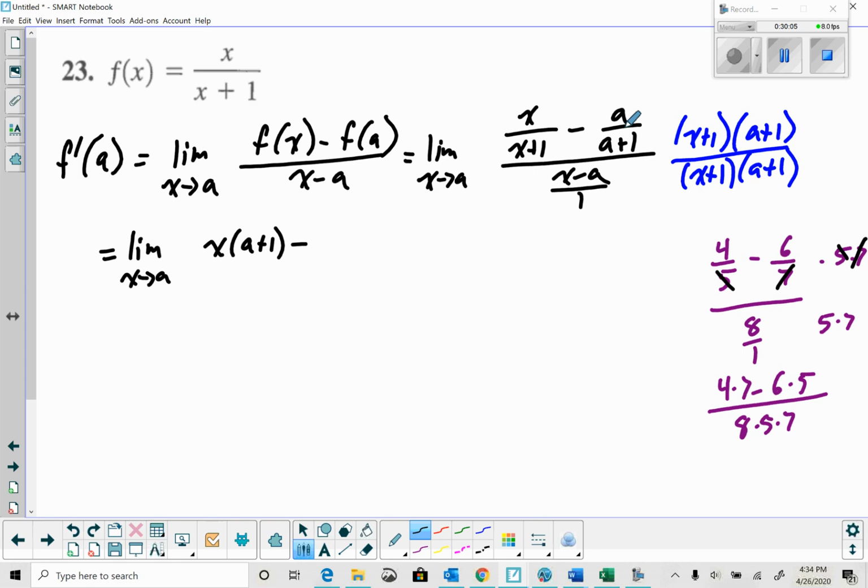So now multiply that blue, it's the a plus 1's that'll cancel, and I'm left with a times x plus 1. So that simplified my numerators and got rid of fractions. Now in my denominator, I'll have x minus a times x plus 1 times a plus 1 all together. Again, nothing canceled. So again, take a look at the purple, if that helps. Oh dear Lord, I hope it does.